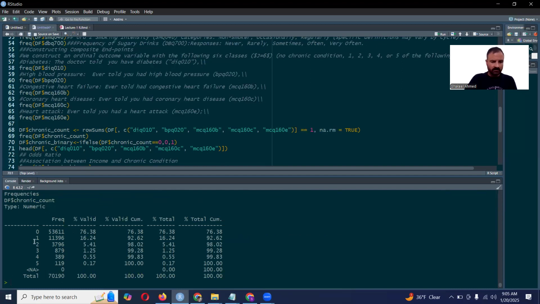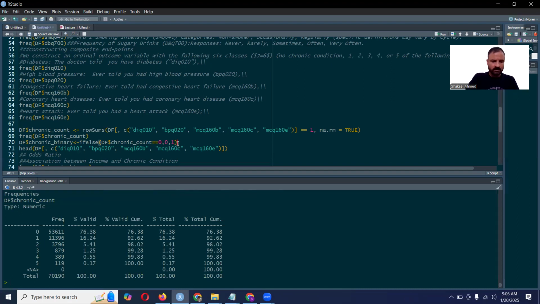On the basis of this variable, we are constructing a new binary variable consisting of whether a person has a chronic condition or not. If the chronic count is equal to 0, it will be 0, otherwise it is 1. So 0 means the person has no chronic condition, and 1 means he or she has at least one condition.